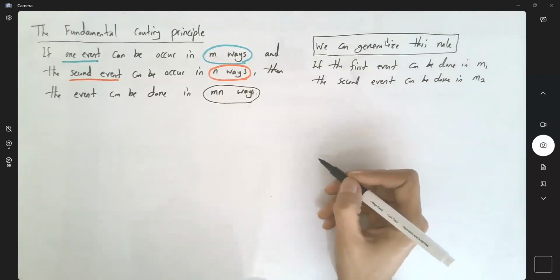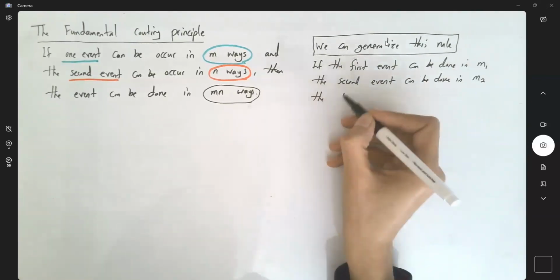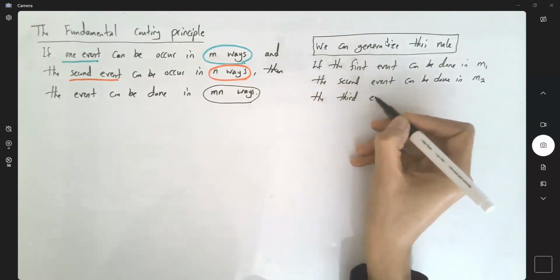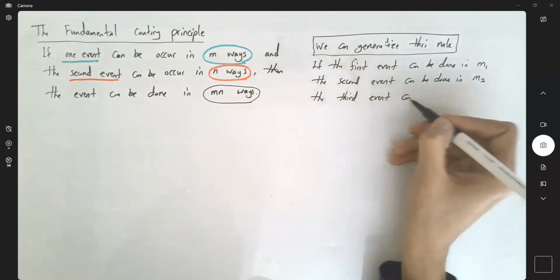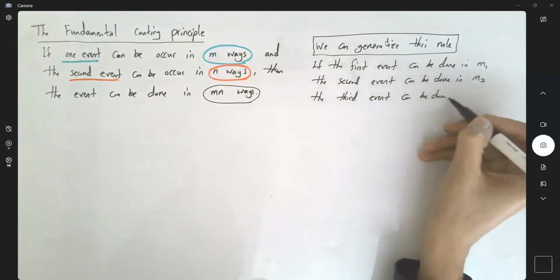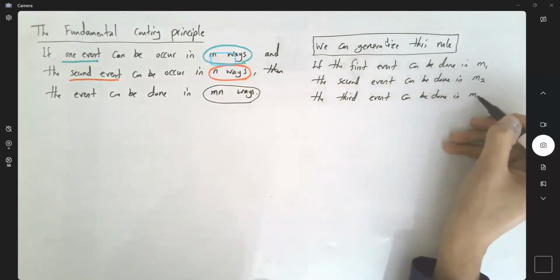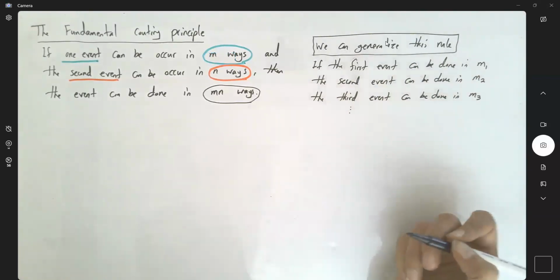The third event can be done in m sub 3 ways, and you continue this process.